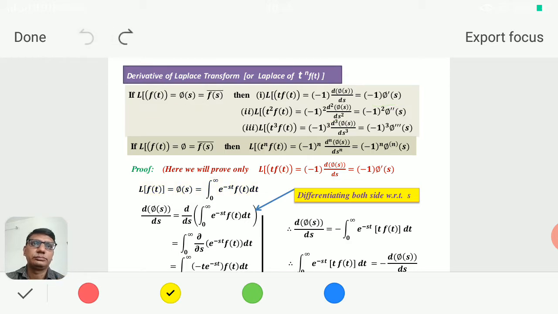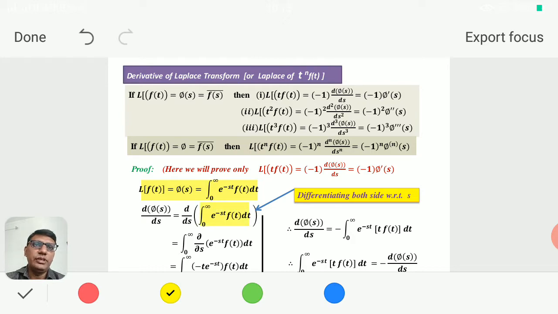Now we differentiate both sides, left hand side as well as right hand side, with respect to s. So the left side will be d of phi of s by ds, and the right side equals d by ds of the integration from 0 to infinity of e raised to minus st f(t) dt.